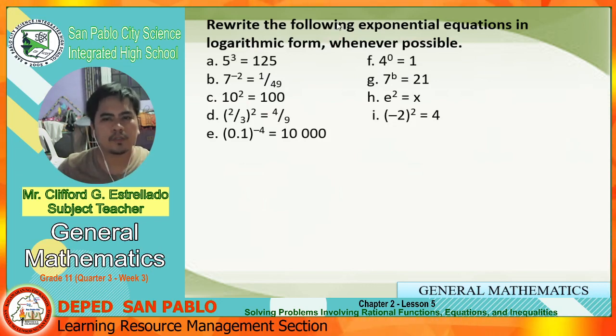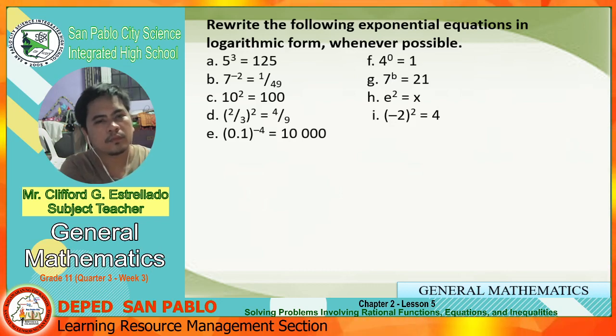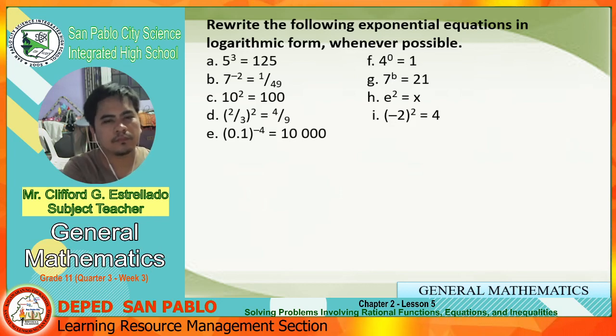Rewrite the following exponential equations in logarithmic form whenever possible. Letter A, 5 cubed is equal to 125. If we write it in logarithmic form, we have logarithm of 125 with the base of 5 is equal to the exponent, which is 3.